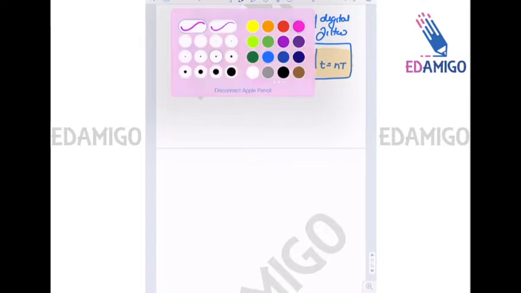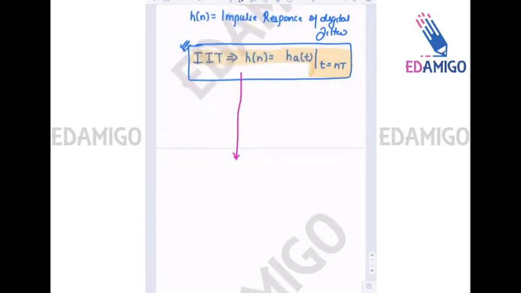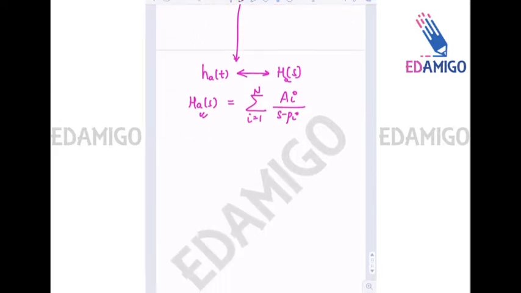Now suppose h(t) has a transfer function H(s). Let's say that H(s) is equal to summation i equal to 1 to N of A_i upon s minus p_i. So there are N number of poles in H(s), and the location of poles is p1, p2, p3 till pN.